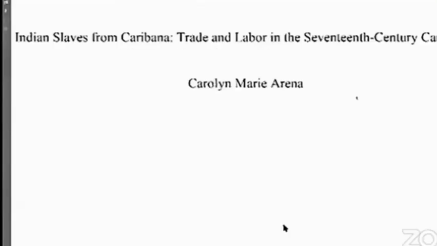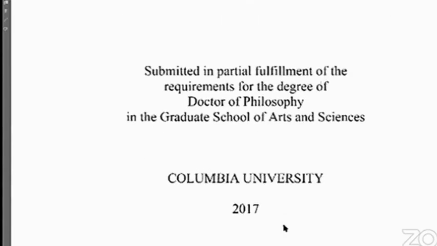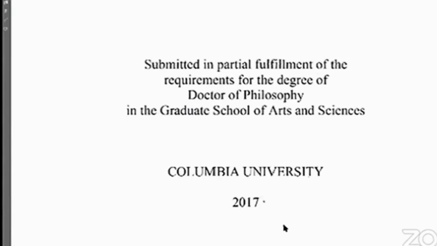So we're in the book now. It's called Indian Slaves from Caribana: Trade and Labor in the 17th Century Caribbean. So the 1600s. Carolyn Mary Arena is the author, submitted in partial fulfillment of the requirements for the degree of Doctor of Philosophy in the Graduate School of Arts and Sciences, Columbia University, 2017.